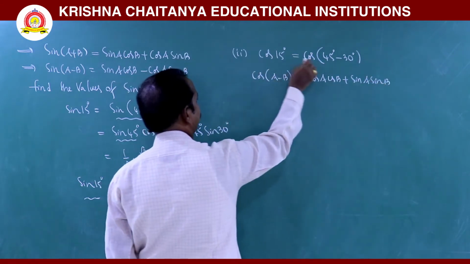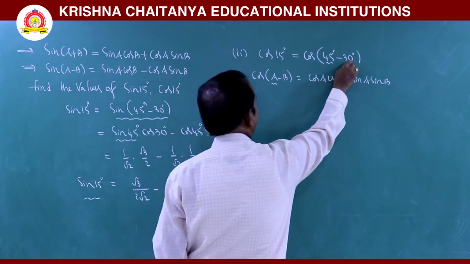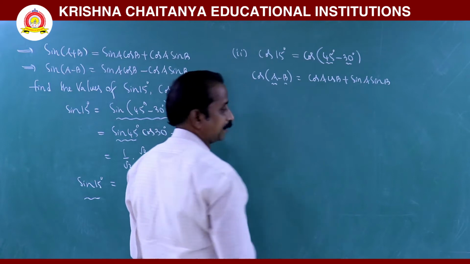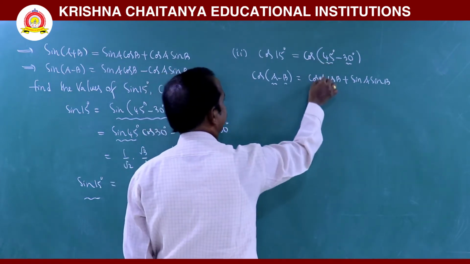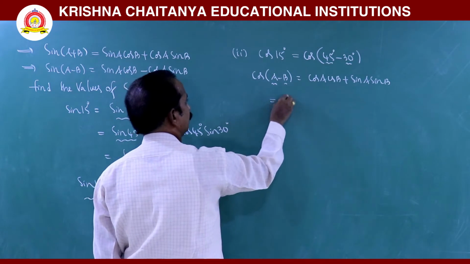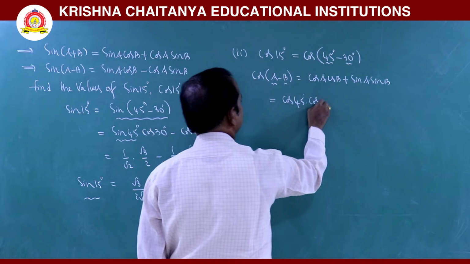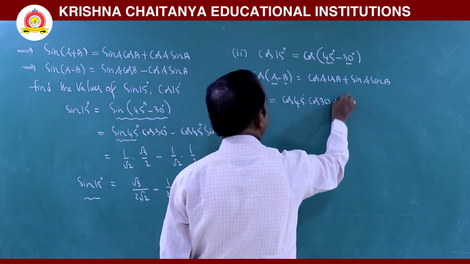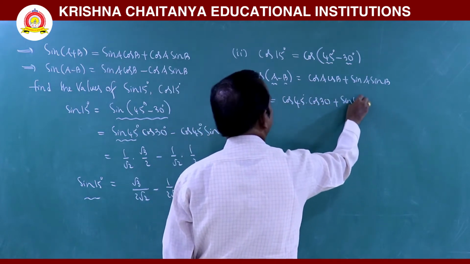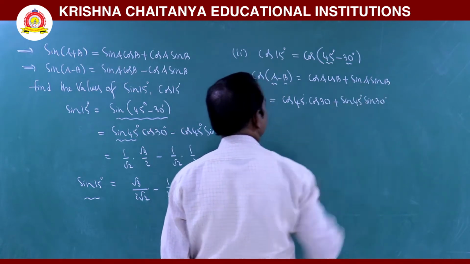Here compare with this one: instead of a 45, instead of b 30 degrees. Replace a by 45, b by 30. So it becomes cos 45 degrees into cos 30 degrees plus sin 45 degrees into sin 30 degrees.